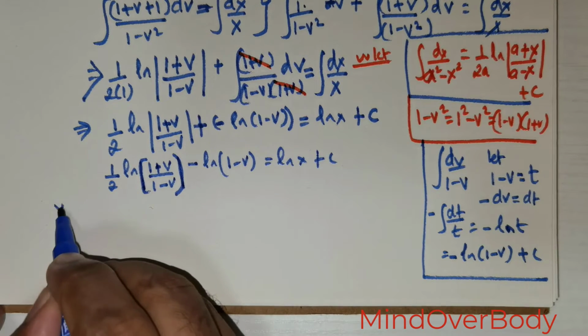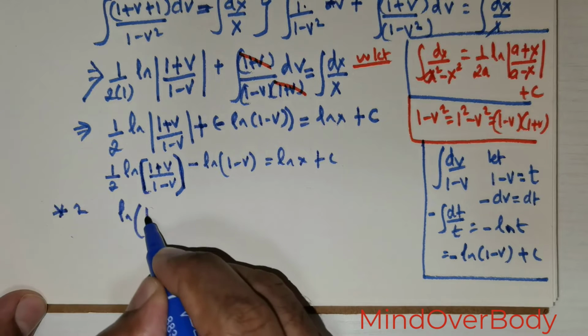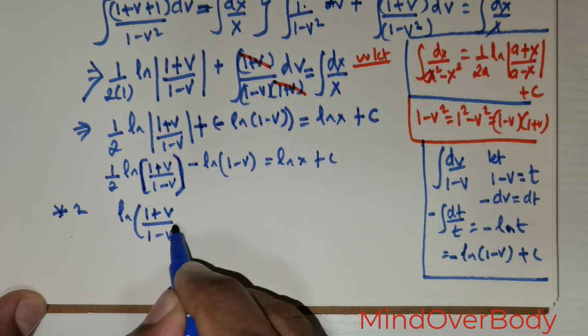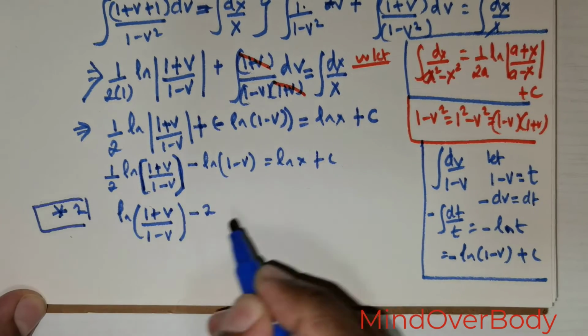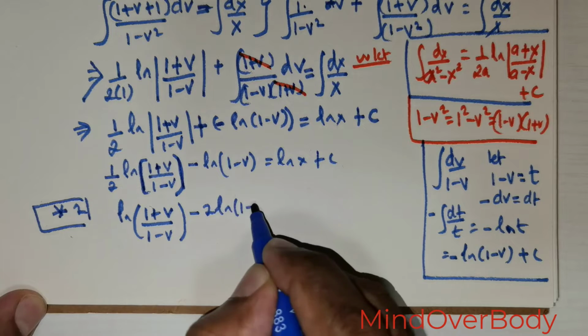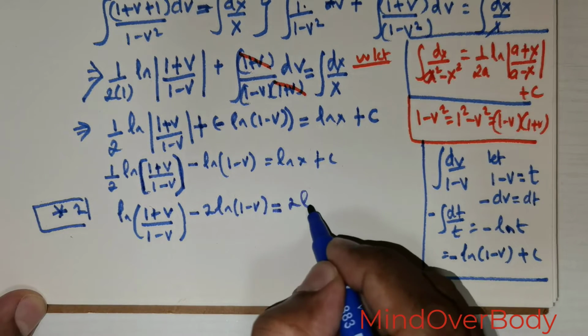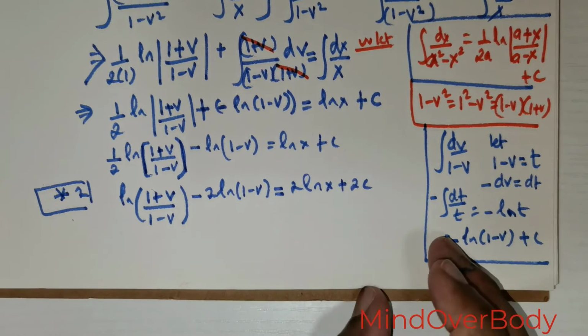Now if I were to multiply by 2 throughout, this is going to give me ln of 1 positive v divided by 1 negative v, and then 2 times ln of 1 negative v. I'm multiplying by 2, so it's going to be 2 times ln of x positive 2 times c.